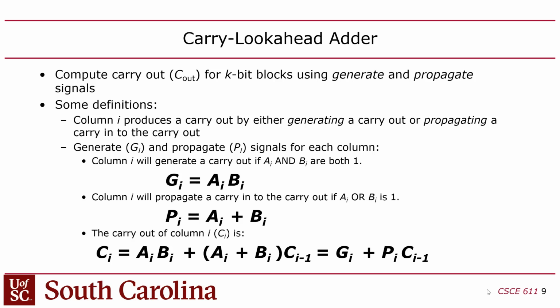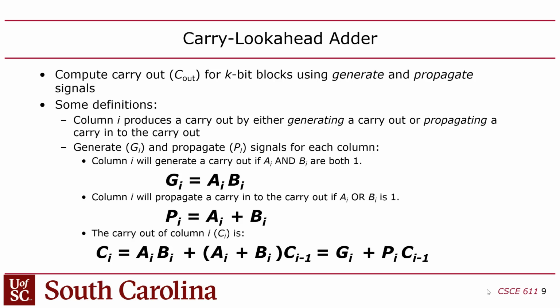What that means is that you have at least one input set to 1, so it's not going to generate a carry out by itself, but if it also has a carry in, then that carry in will be propagated to the carry out, right?